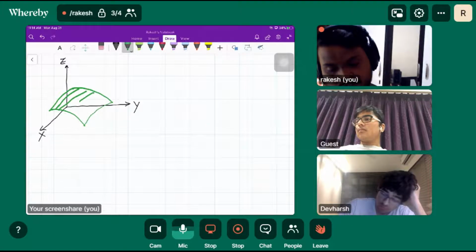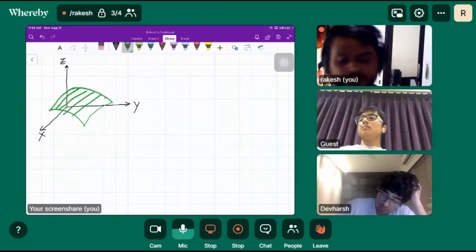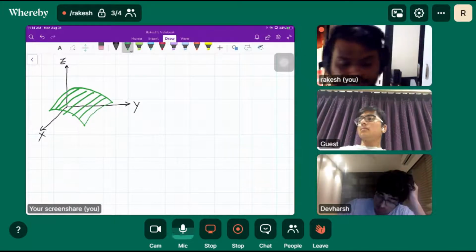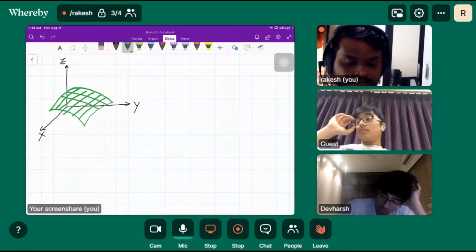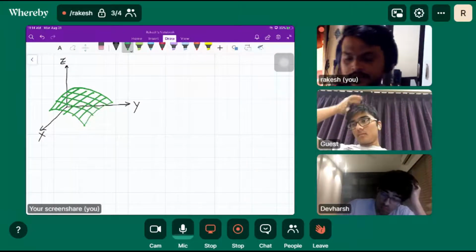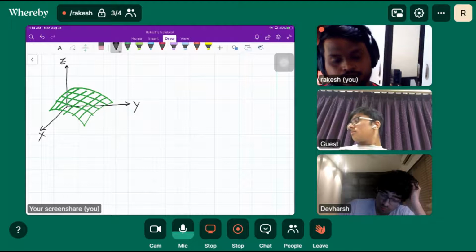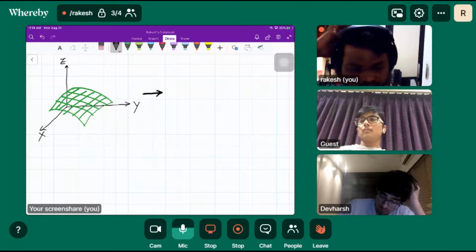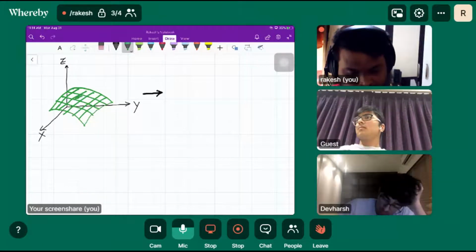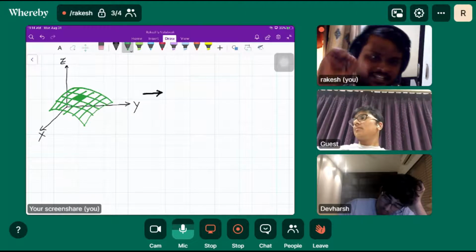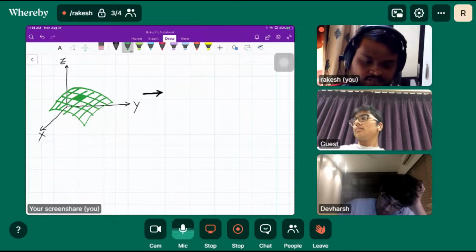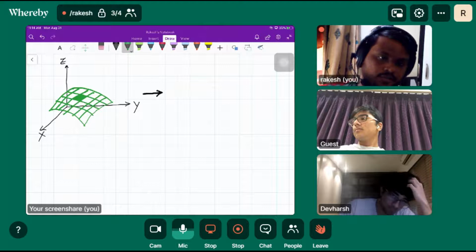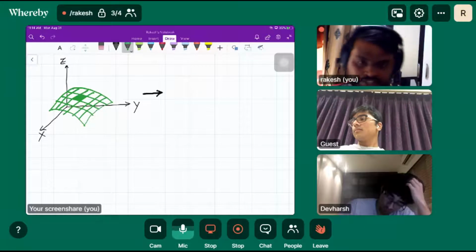The objective was to find out the area of this surface. Suppose this is one patch on this surface, a really small area, and then we'll integrate over two dimensions, applying double integration to find out the area of this surface.